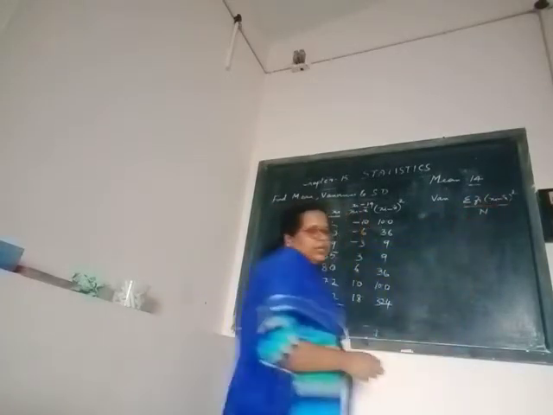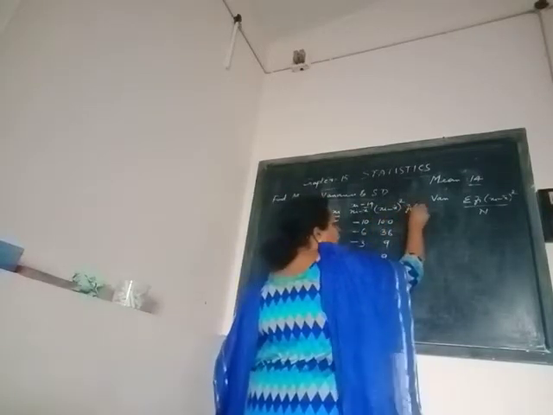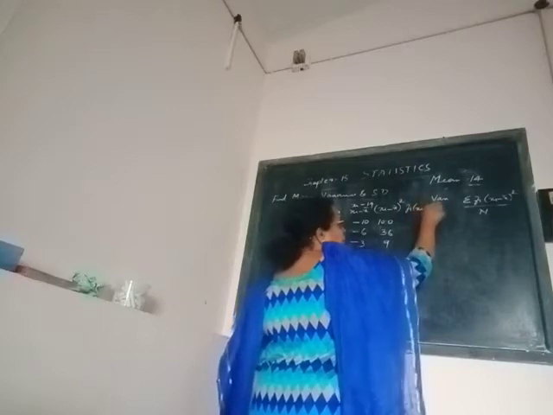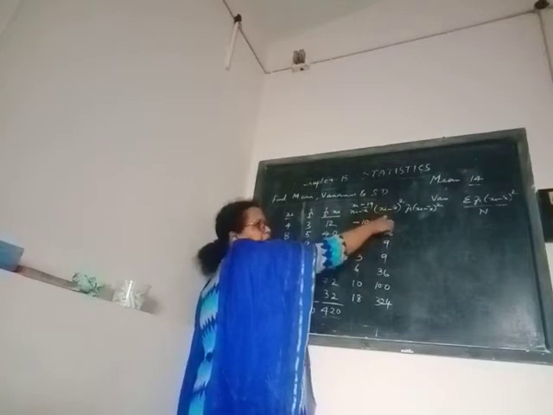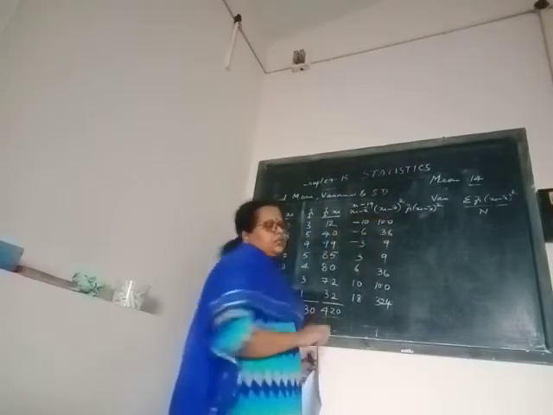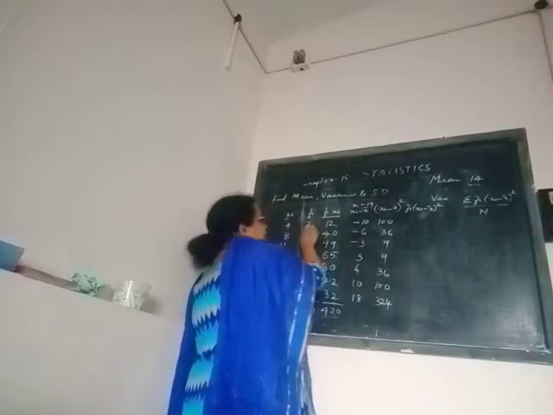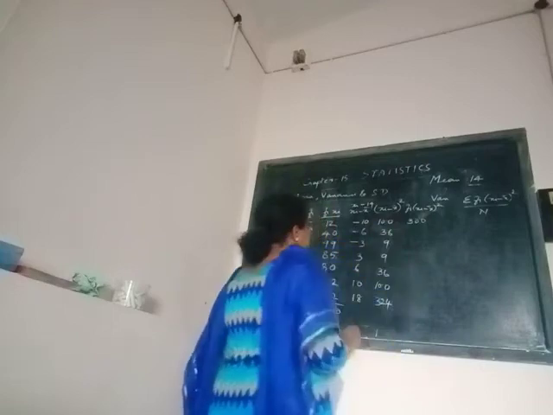Next we have to multiply fi into xi minus x bar squared. Now next column we will write fi into xi minus x bar squared. The fi column is this. The xi minus x bar squared column is this. So multiply these two columns, the corresponding terms. First one is 3 into 100, so it is 300.